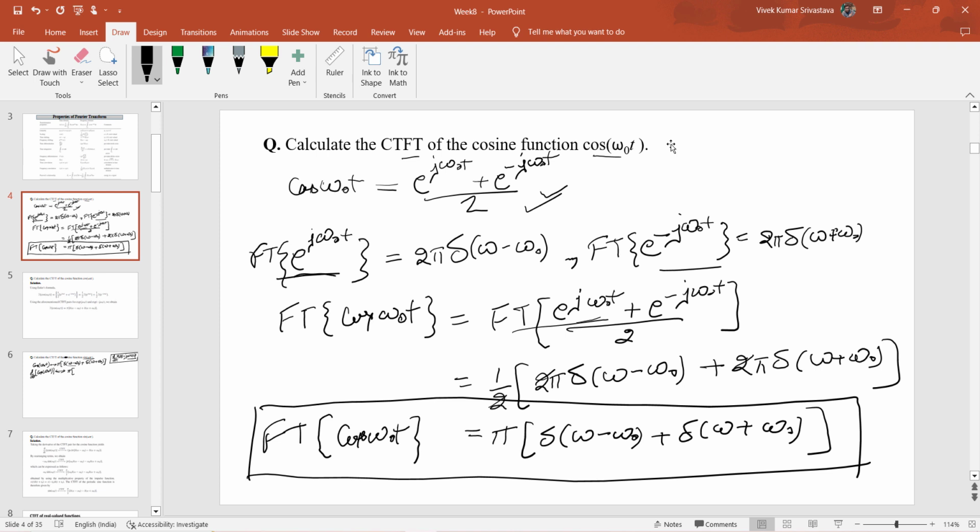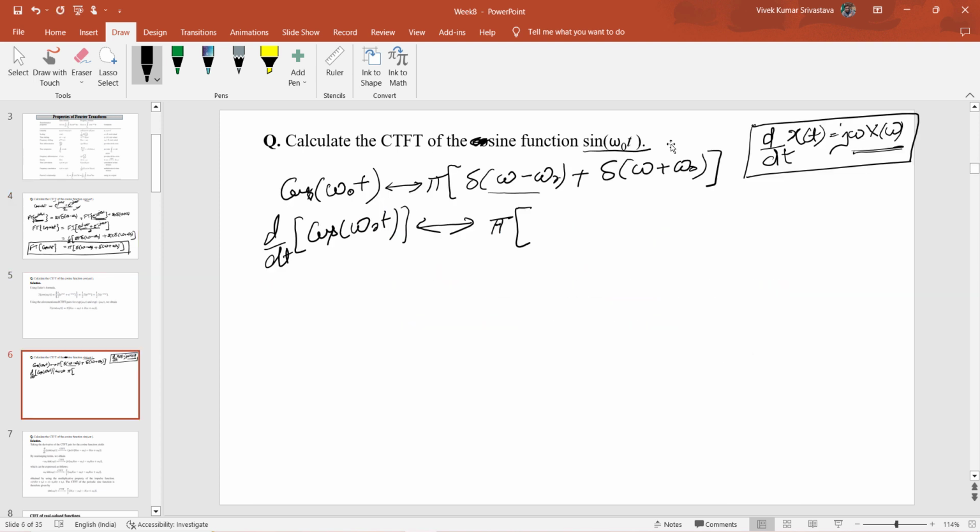Here the first term is e raised to the power j omega naught t, whereas the second term is e raised to the power minus j omega naught t. Once you differentiate the first term, you will get j omega as a constant, whereas once you evaluate d by dt of the second term, you will get minus j omega. That we have to consider here.